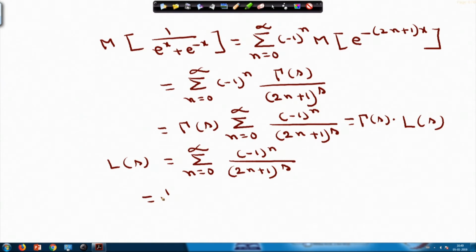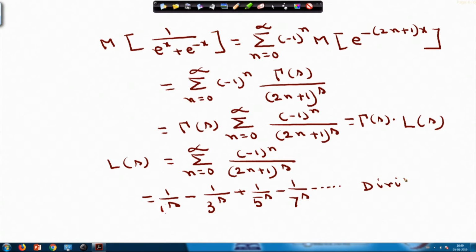This series, if you evaluate it, is nothing but 1 by 1 to the power s minus 1 by 3 to the power s plus 1 by 5 to the power s minus 1 by 7 to the power s, continuing like this, and it is known as the Dirichlet L function.